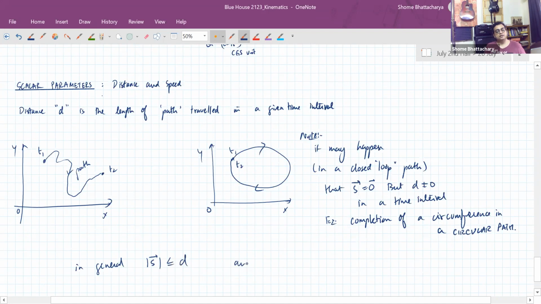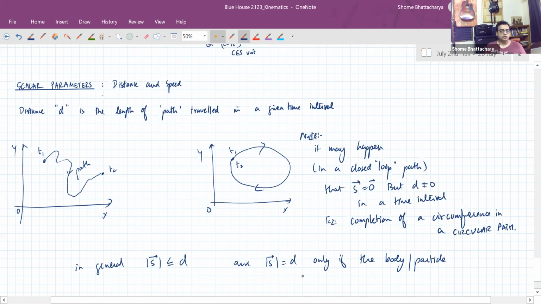And the magnitude of displacement will be equal to the distance only if the body or particle moves along a straight line, and that too without reversing its direction. Just that it's moving along a straight line is not enough, because something could move along a straight line, stop, and then come back along that same straight line. So it's still moving along a straight line, but there the distance would again be more than the magnitude of displacement, because the path length traveled is more.